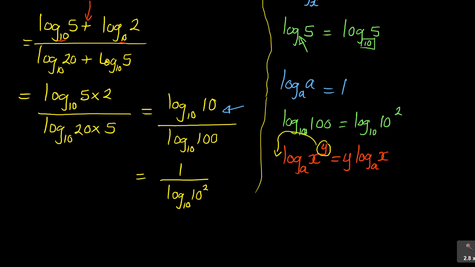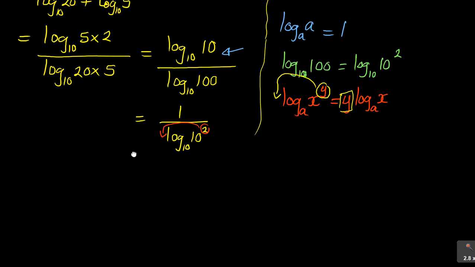So this particular exponent can join the number before the log. Similarly, this particular 2 can drop so that it comes before the log, and in this case what you are going to have will be equal to 1 over 2 log base 10 of 10.